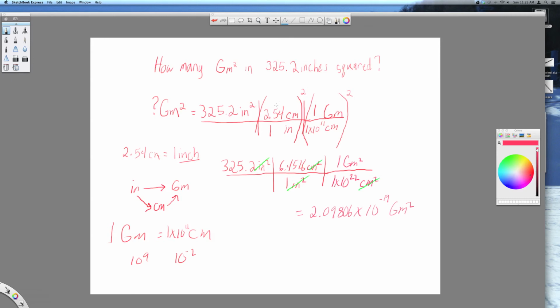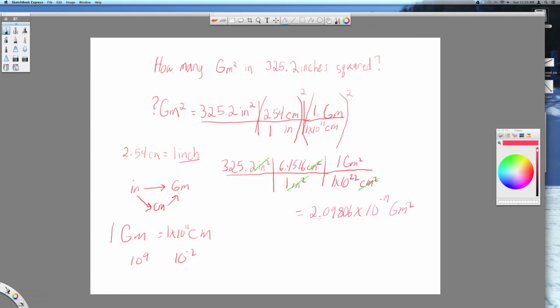When you're rounding, you go back and look at the numbers before you square everything. So these are exact. There's exactly 1 gigameter in 1 times 10 to the 11th centimeters. The given value has 4 sig figs. Always treat that as a measured value. And the 2.54 is a decimal number, and we're going to treat that as a measured value, although some teachers might make you treat it as exact. I'm making you treat it as a decimal number, so it's a measured value. So there's 3 here, 3 here, 4 here.